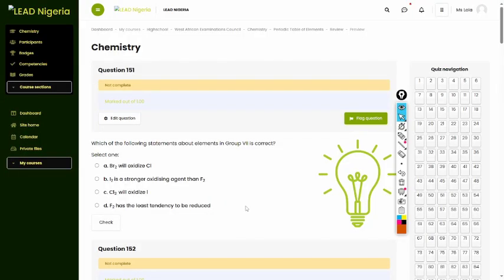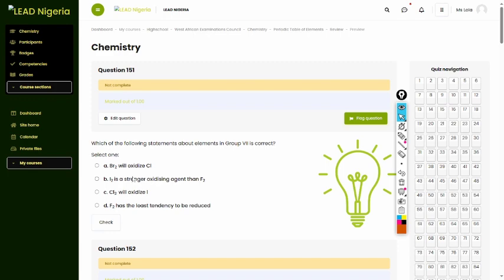Which of the following statements about elements in group 7 is correct? Elements in group 7 are the halogens. So let's see. Generally, halogens are very good oxidizing agents because they accept the electrons that are lost by those species that are oxidized, so they themselves become reduced.